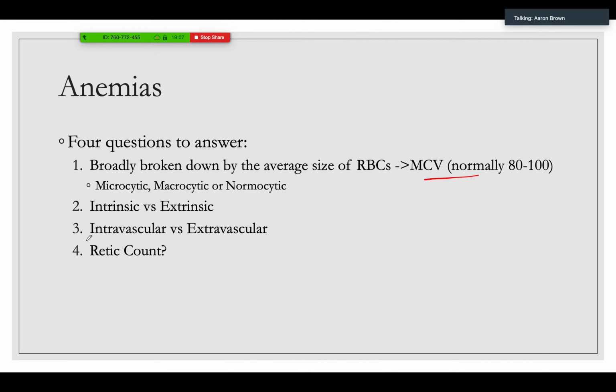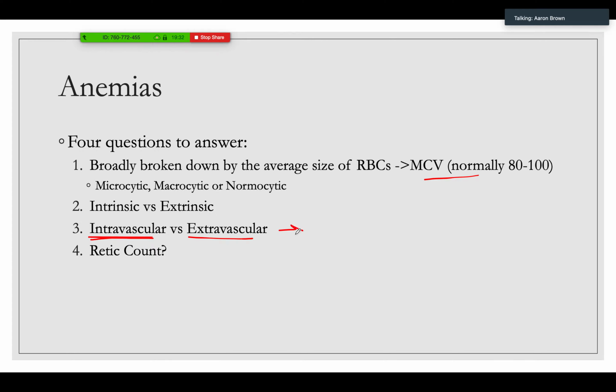Number 3. When we have breakdown of red blood cells, in the case of autoimmune hemolytic anemia, in the case of TTP, HUS, conditions like this, where is the red blood cell breakdown happening? Is it happening in the vessels, in the vessels of our arms, in the vessels of our body? Or is it happening extravascular?